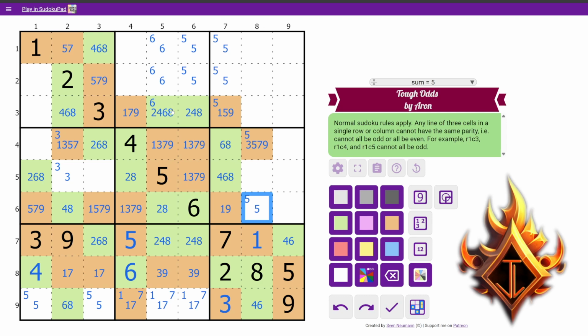Okay, where am I looking? Or is in one of those.